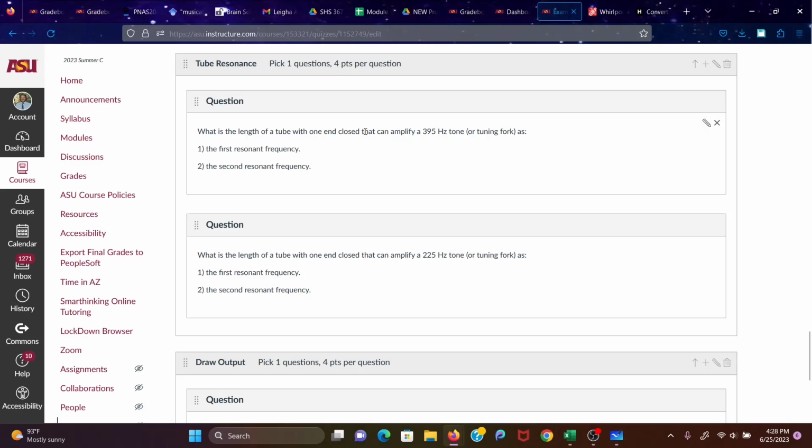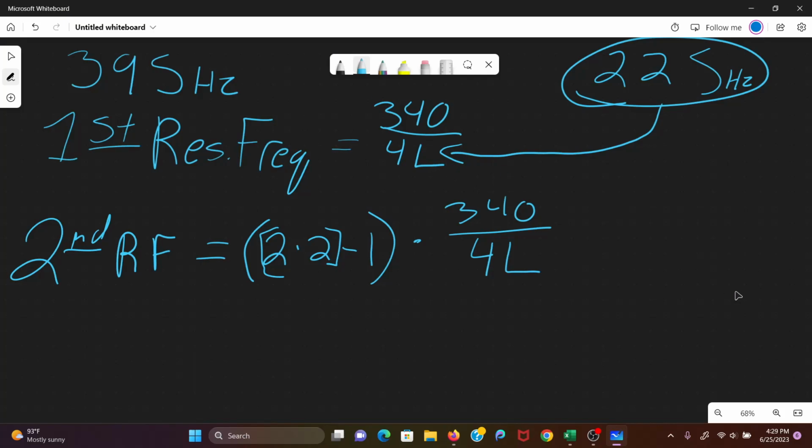The length of a tube with one end closed that can amplify a 395 hertz tone. So it's definitely labeled as a frequency. A frequency isn't a length, so you can't do that. That's not going to get you the right answer.